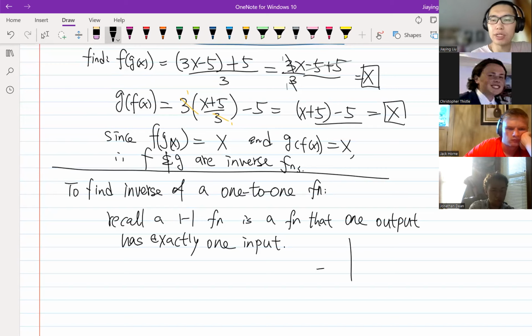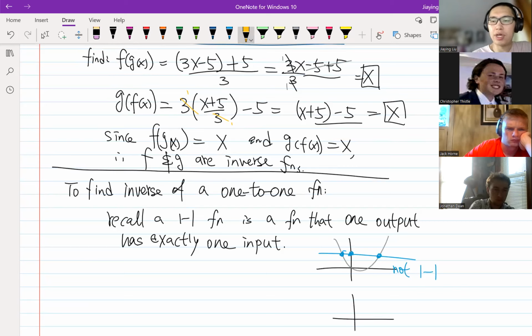And if we use the horizontal line test, we can tell whether the function is 1-to-1. For example, if I draw a parabola, a quadratic function, this is not 1-to-1 because one output corresponds to two inputs. But if I graph something different, let's see, I'm going to graph just half of it. This is the vertex.